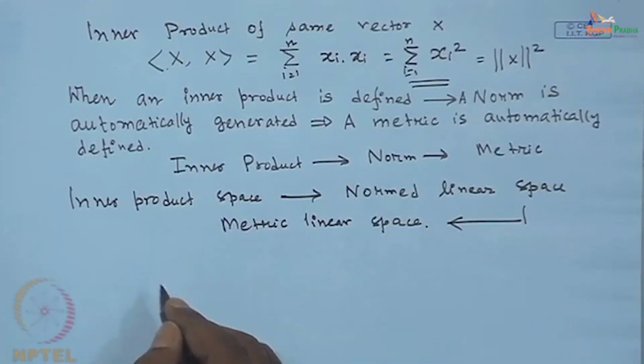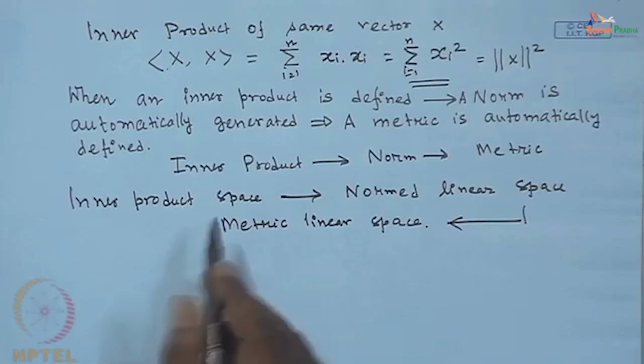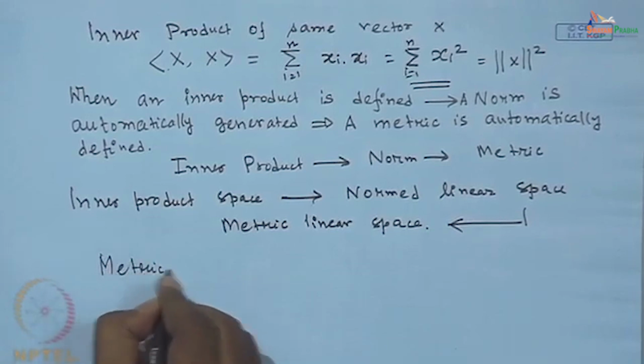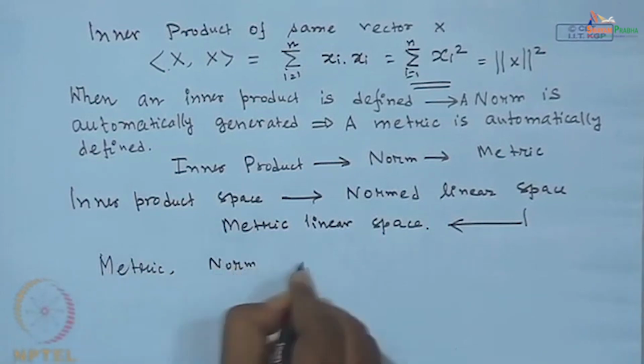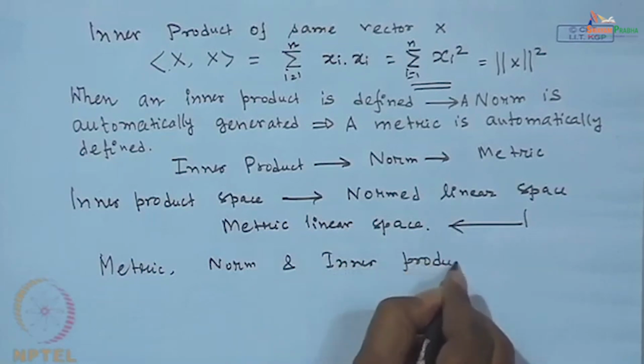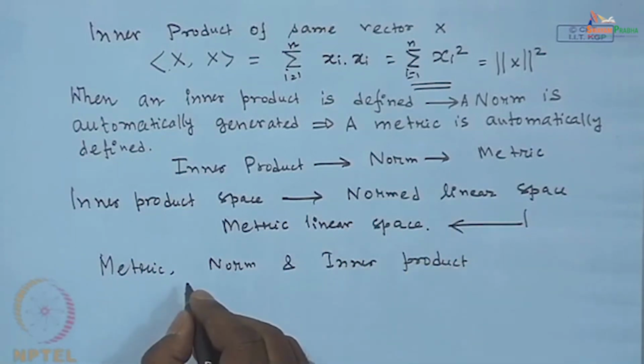Now, what we have done till now is look into the norm, how to define metric, norm and inner product of vectors, where each vector is nothing but a discrete system.